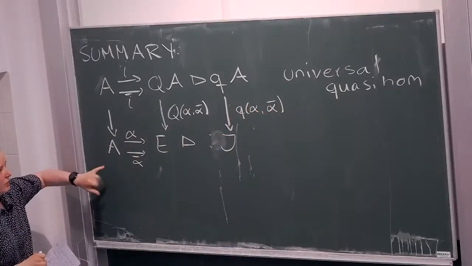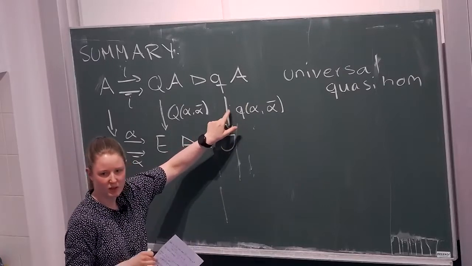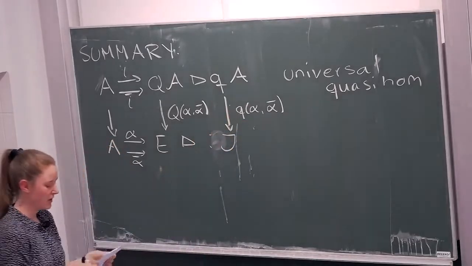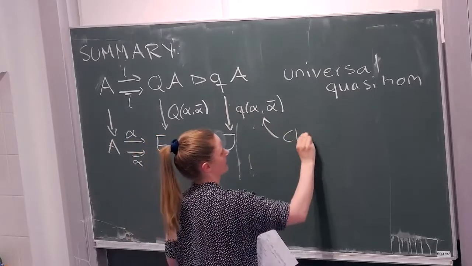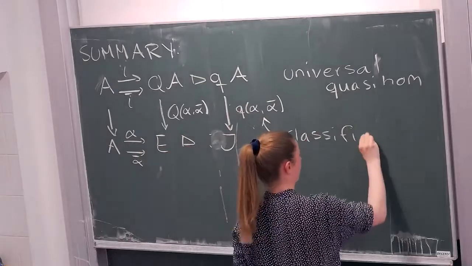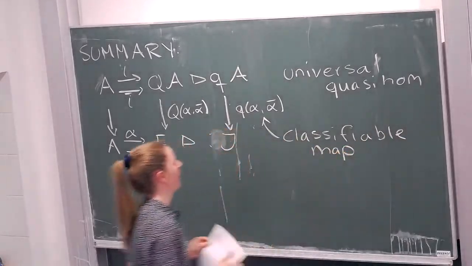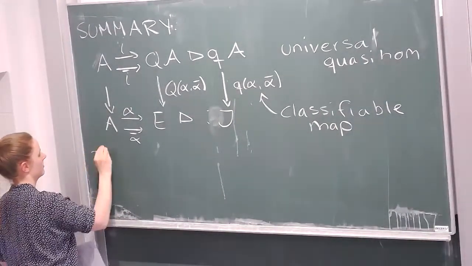So when we have a quasi-homomorphism, we don't have this mu here because it's just inclusion. So we have this map here, and these are known as the classifiable, so this diagram.